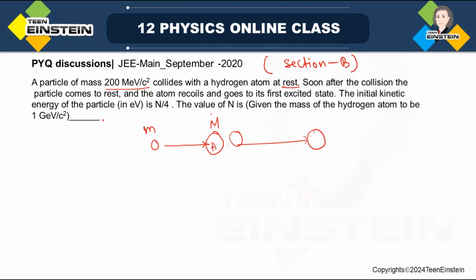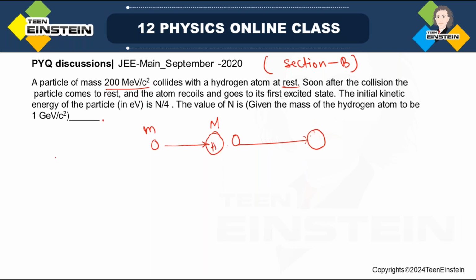So what happens? The particle comes with a certain velocity, which is not known to us, which we have to calculate. So it has certain kinetic energy, and when it comes with kinetic energy and hits the hydrogen atom, since the hydrogen atom is larger in mass than this particle.